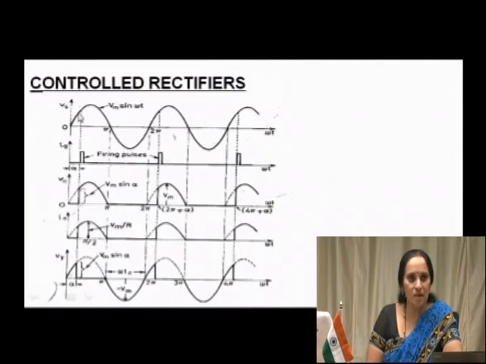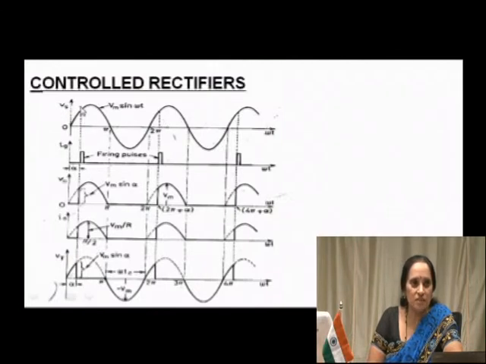So, please see, in a single phase half wave control rectifier, I am giving gate triggers only when the input voltage passes through its positive half cycle. So, that is why over here I have given, and again when it is passing through another positive half I have given, again one more time I am giving it here when the AC input is passing through its positive half. The moment I trigger, what happens to my output?